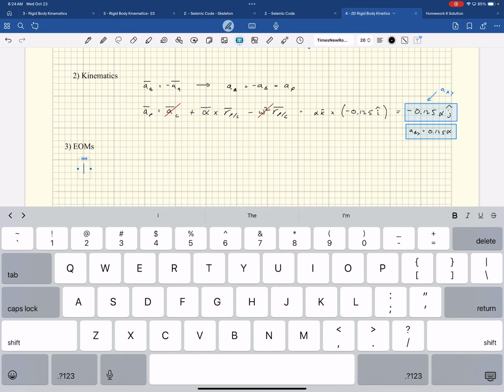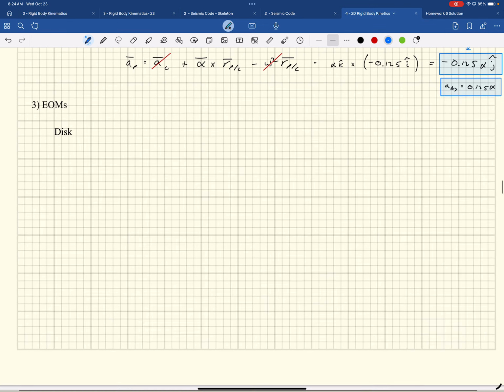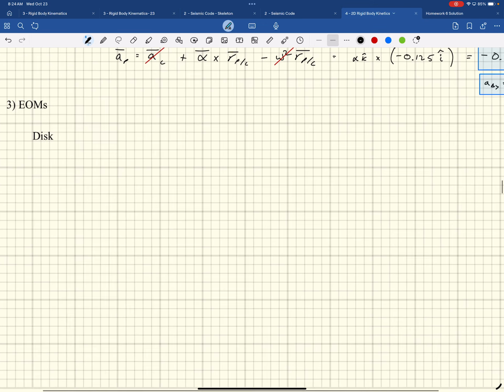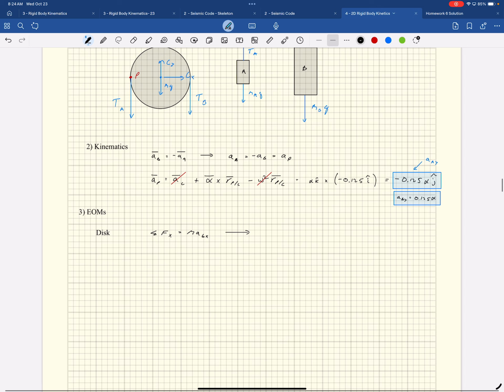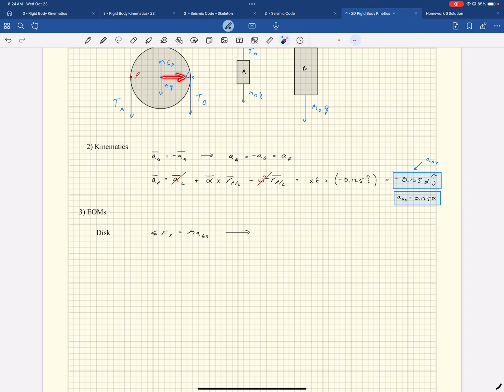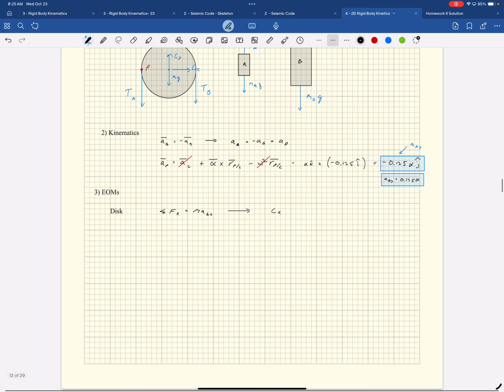I'll do the disk first, right? The disk, we do need all 3. So we got the sum of the forces in the x direction is equal to M A G X. If we look at the forces acting there, we just look at our free body diagram, and there's just one force acting in the x direction, that's CX. And then its center of mass is just the middle right here, so that's not moving.